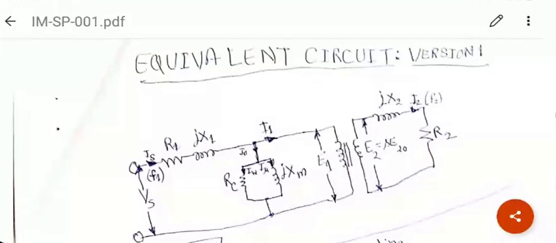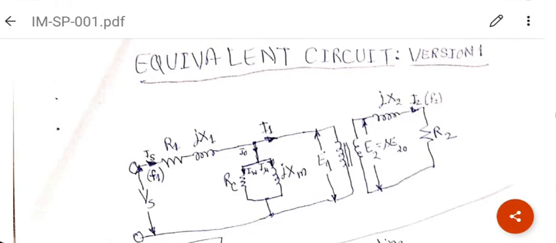But of course, secondary will have its own resistance, R2, which is shown on the right hand side. In addition, the secondary has a variable frequency, which I am calling F2. With these two differences, the equivalent circuit looks very close to what we saw for transformer.